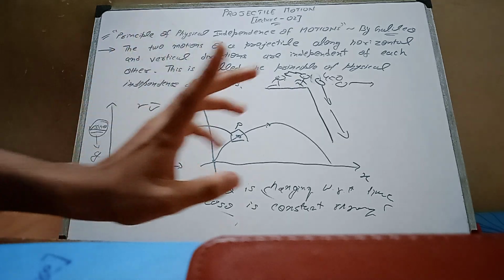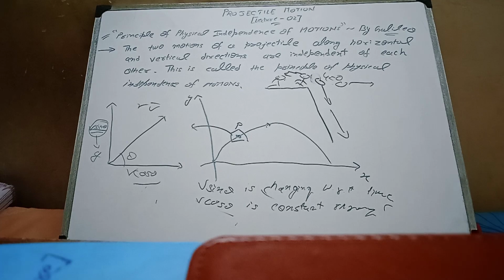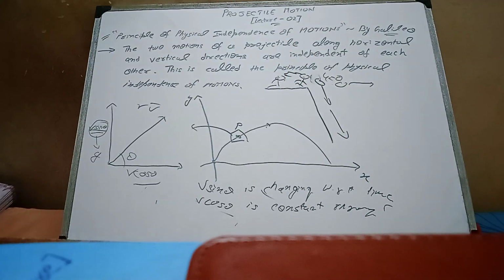I don't provide any vertical velocity, I only provide the horizontal velocity of the stone or the object. I don't apply any vertical velocity in the second case.